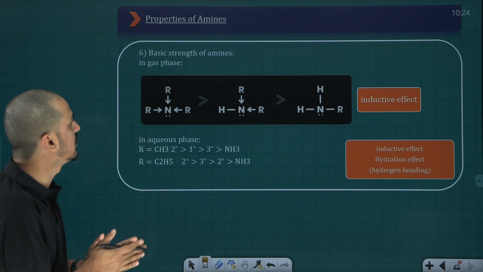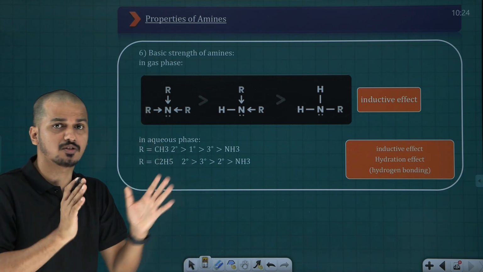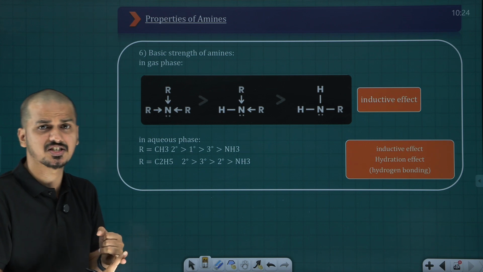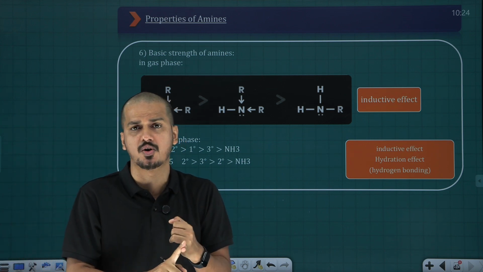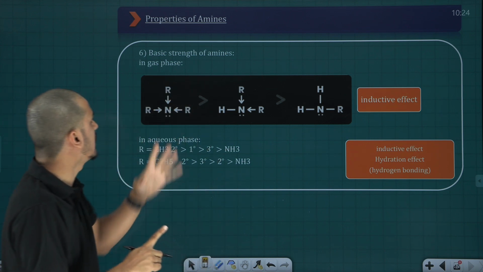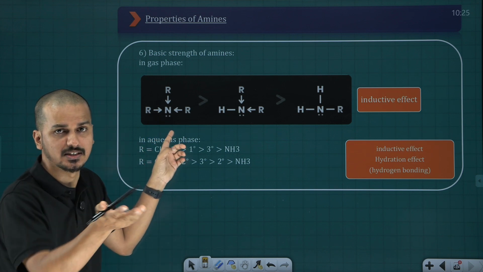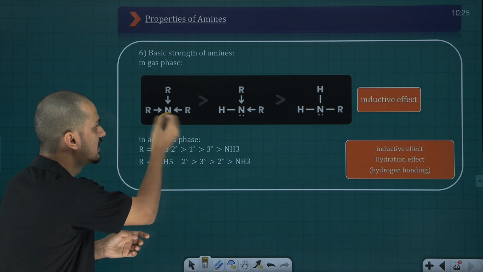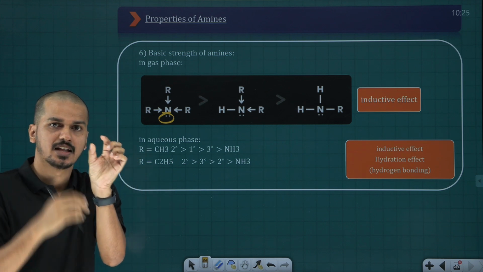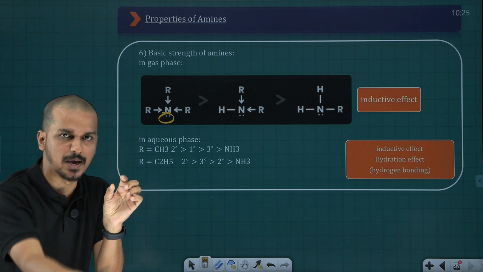And again, once we come to the basic strength of amines. In gaseous state, basic strength only depends on what? The inductive effect. In gaseous state, only inductive effect. More inductive effect means more basic. You know, this nitrogen contains a lone pair. That lone pair they are donating, so they are Lewis bases.